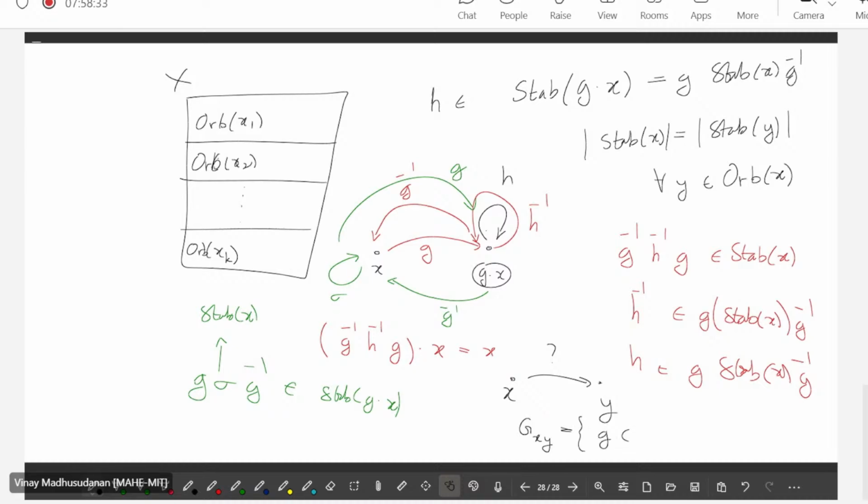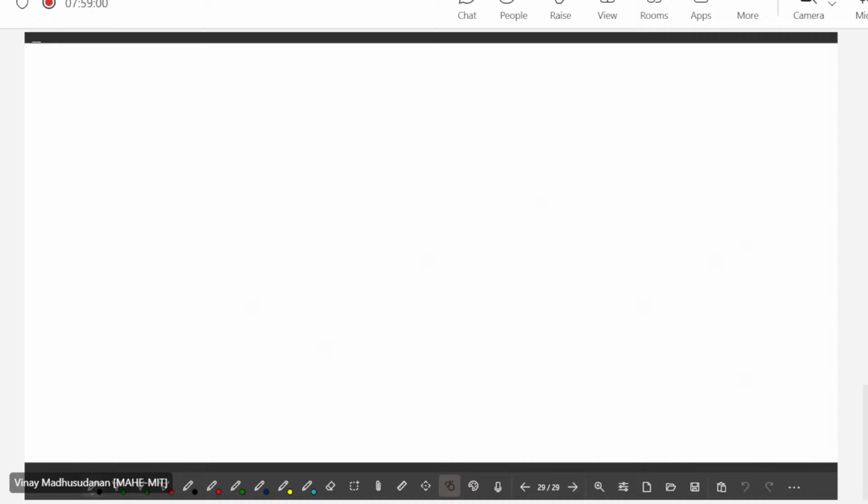So let g_xy be the set of g in G such that g·x equals y. When is g_xy defined? When y is in the orbit of x. Otherwise, you get the empty set. So I'm only going to consider this where y is in the orbit.